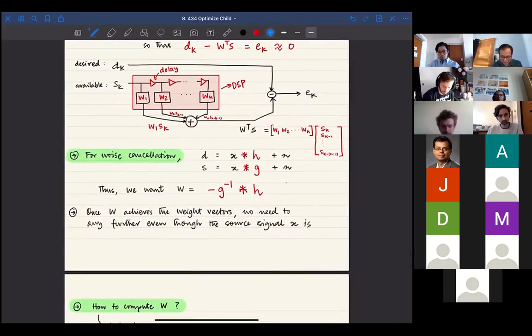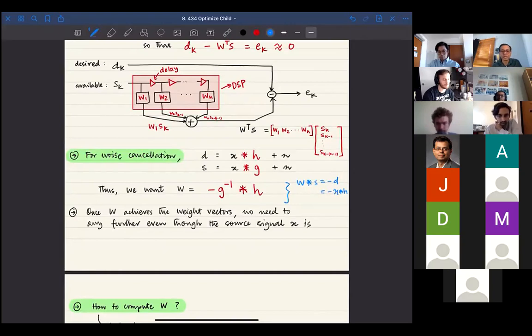Well, because I want W convolved with S to be equal to minus D, which is equal to minus X convolved with H. I'm just ignoring noise for now.